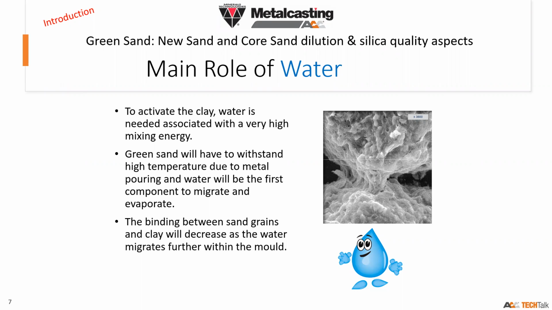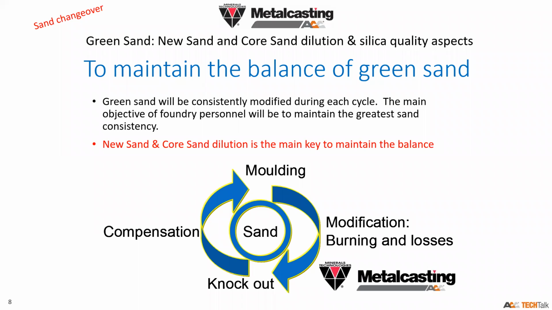So now I want to go to the second part of the presentation. What is the sand changeover? What do we need to maintain balance of green sand in a green sand system for iron or for steel? Green sand will be continuously modified during each cycle. And then the main objective of any foundry man will be to maintain the consistency.